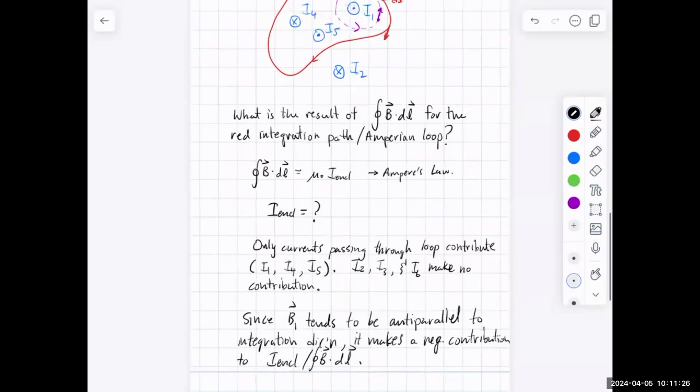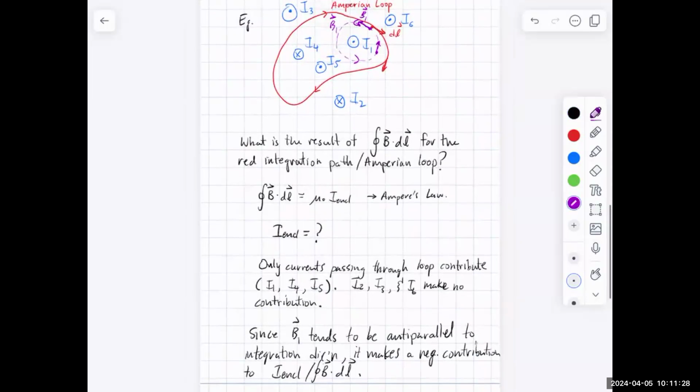On the other hand, if I did the same sort of argument for, say, I4, which is going into the screen, I put my thumb into the screen, and it makes a magnetic field that moves around in the clockwise sense. And so over here, I get a magnetic field that's kind of in this direction, and the integration path is in that same direction.